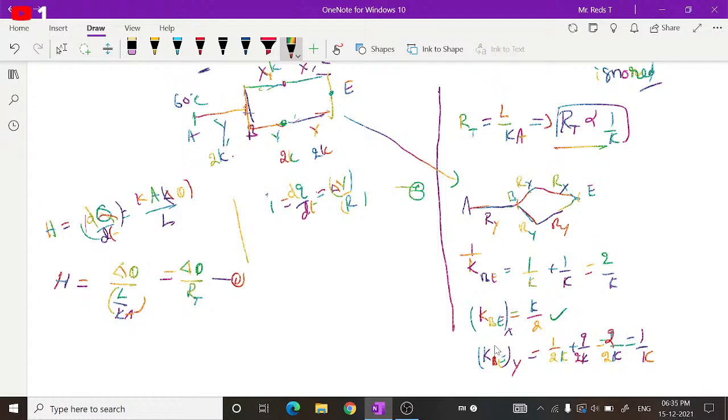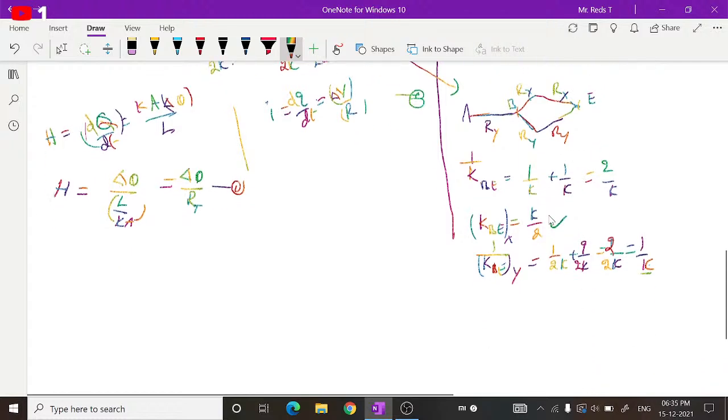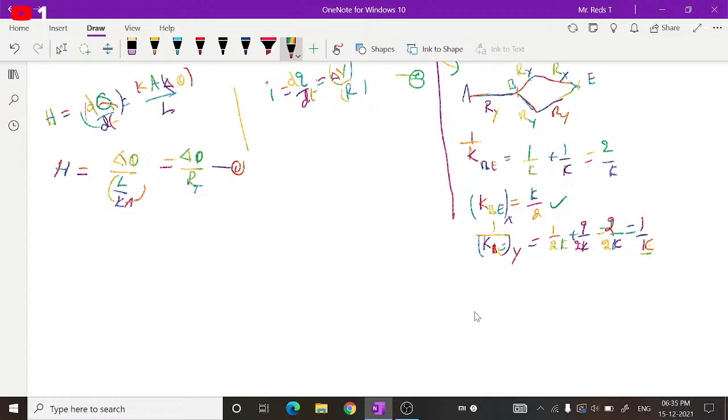It looks like that, right? Yeah, because they are inversely proportional, we have to take it as 1 by. So therefore, for the Y rod, the effective thermal conductivity is K. If you replace this, you get the Y rod here.